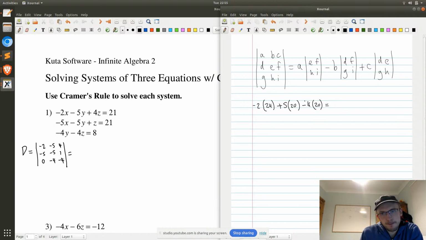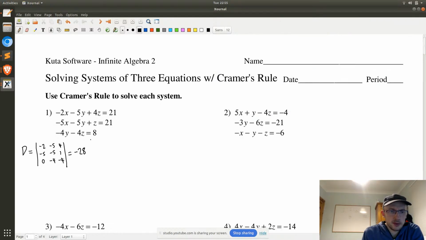Minus 48 plus 20, so minus 28. I think that's the determinant of that. We'll see. We're going to have to check, of course.